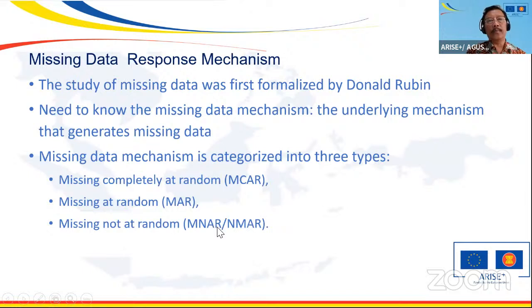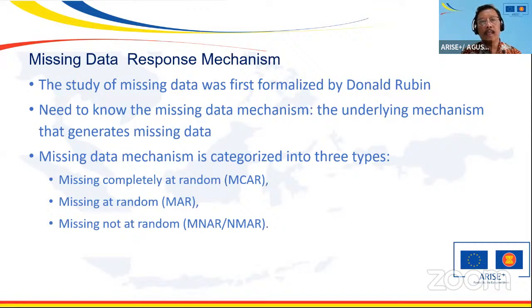Not all kinds of missingness can be imputed, strictly speaking. There are three kinds of missingness, depending on the underlying mechanism that brings them to be missing.